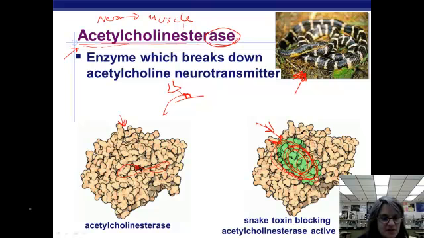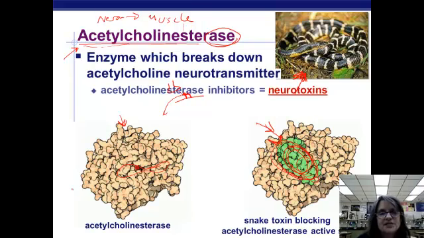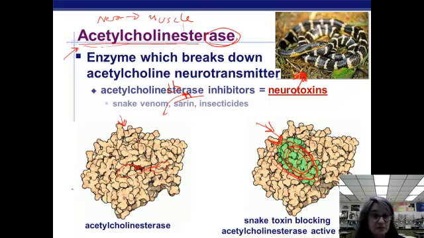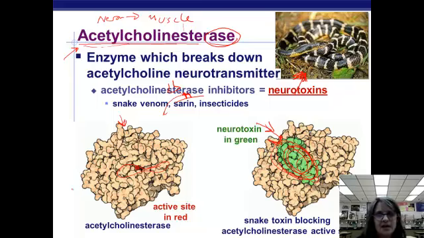Okay? So neurotoxins inhibit acetylcholinesterase, meaning to inhibit is to prevent something from doing something. Okay? Sarin is a classic neurotoxin used in warfare, horrible thing. All right.